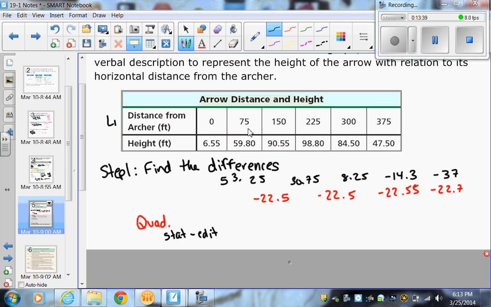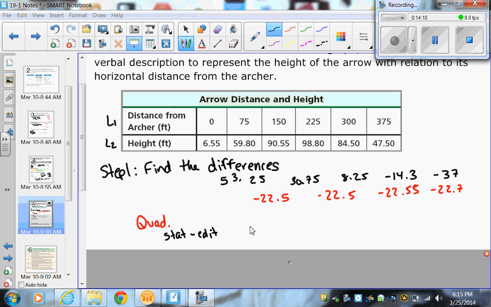So in L1 you're going to have 0, 75, 150, 225, 300, and 375. In your L2 you're going to type in the 6.55, 59.8, 90.55, 98.8, 84.5, and 47.5. So pause the video and go to stat, edit, and type in your information in your L1 and L2.